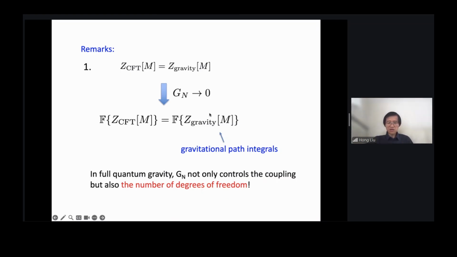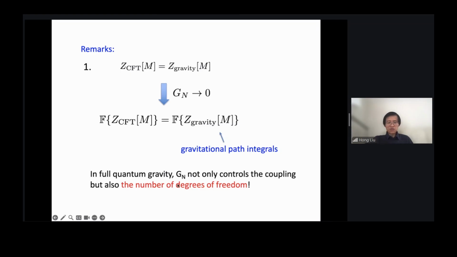Even though in the gravitational path integral, G Newton only appears as a coupling constant and nothing else seems to depend on it, we know that if you believe the quantum gravitational interpretation of the black hole entropy, which is area divided by G Newton, and if that quantity captures the number of degrees of freedom in quantum gravity, then G Newton has to capture the number of degrees of freedom too. It's just not manifest in the gravitational partition function calculated from the path integral.